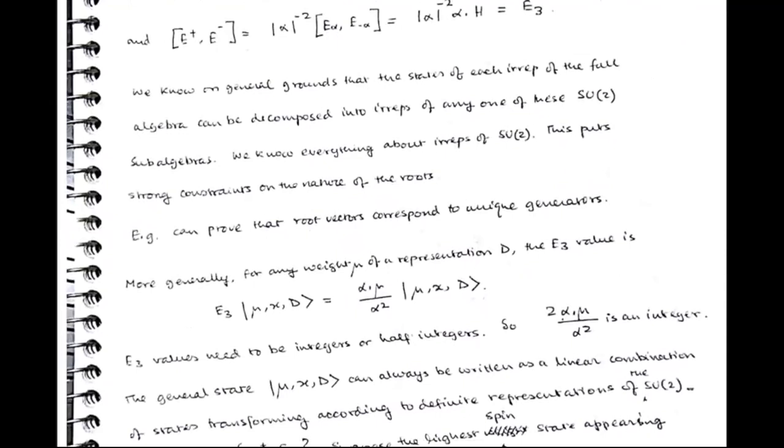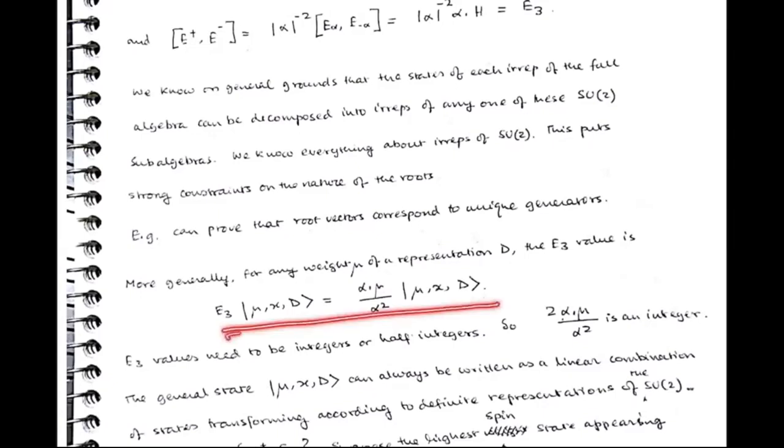Okay, so now moving on, what we want to do is figure out what these strong constraints on the roots are that you get from here. So for any weight mu in a representation D, you'll get E3 as this, right?